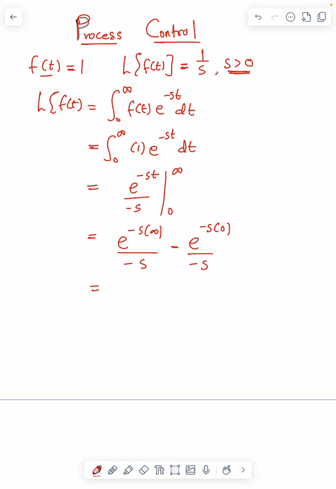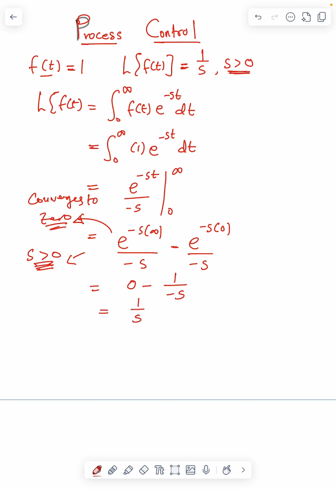So if you set your conditions, you're going to say s is greater than 0. If s is greater than 0, this term is going to converge to 0 under these conditions. So minus this one, it is 1 over minus s, so now this becomes 1 over s.